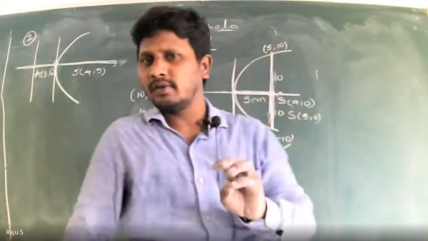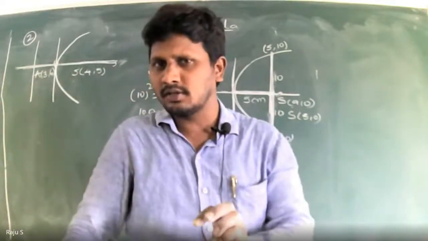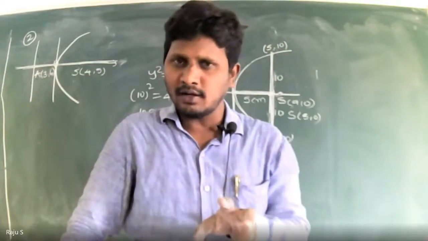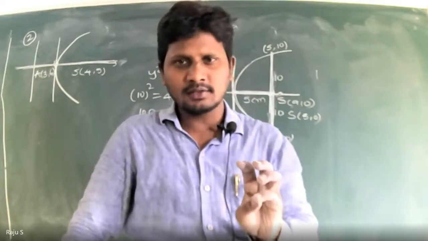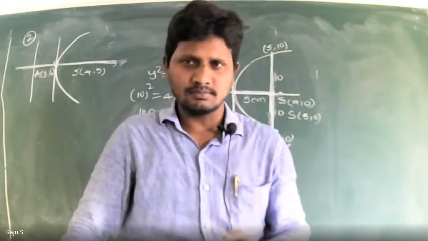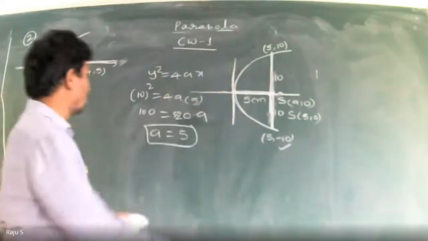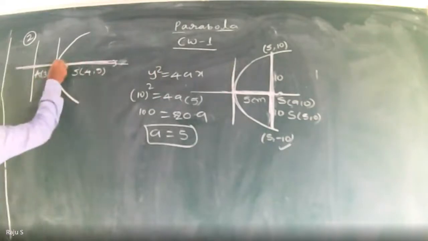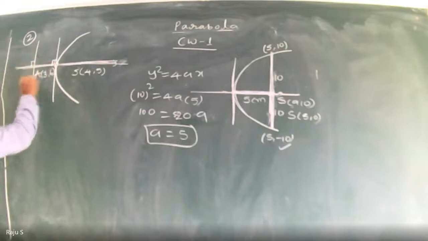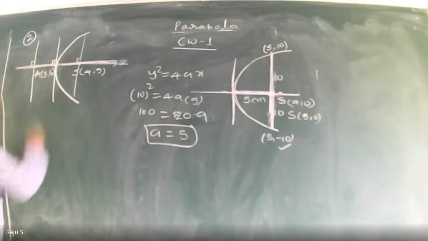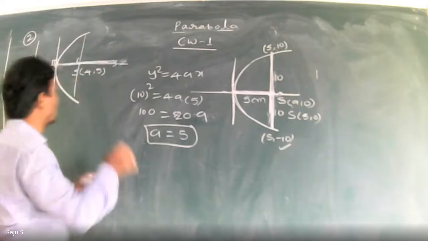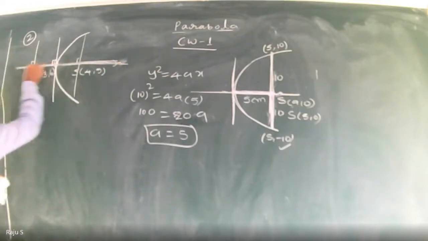Remember that the axis of a parabola always passes through the focus and vertex and is perpendicular to the directrix, tangent at vertex and latus rectum. Any one of the conditions works. Simple, they are asking for this line equation.